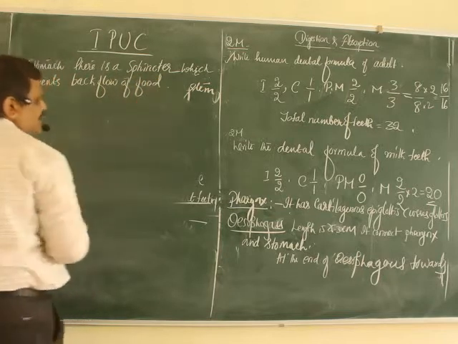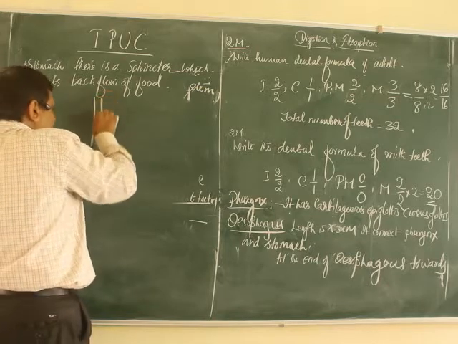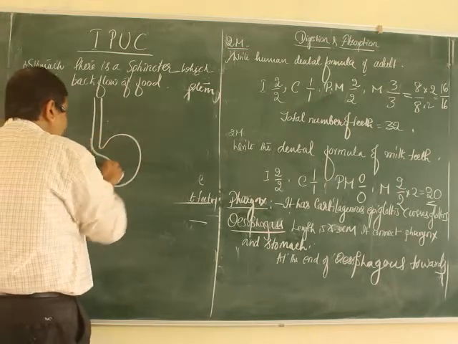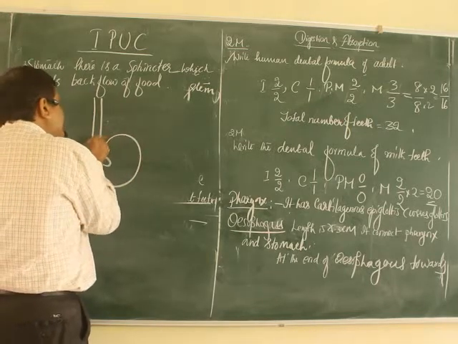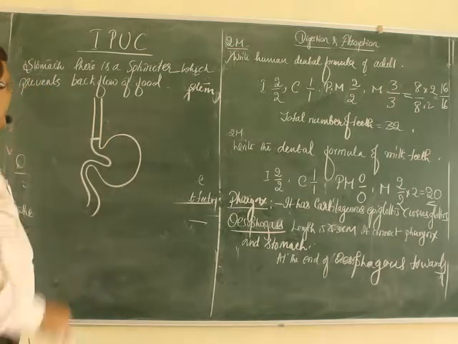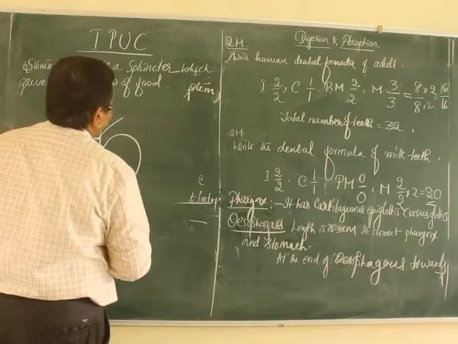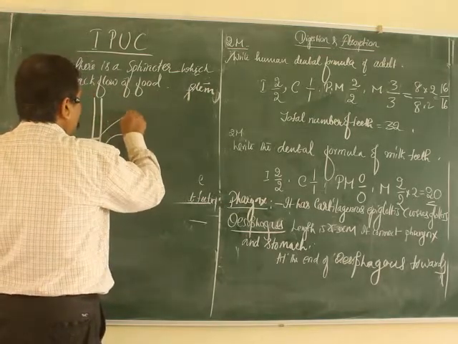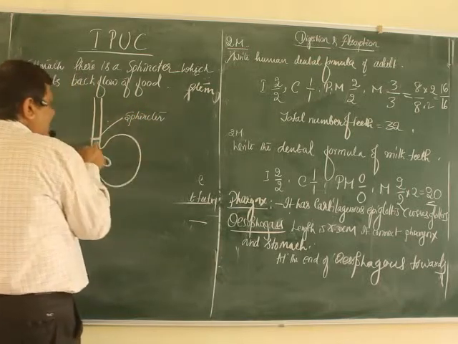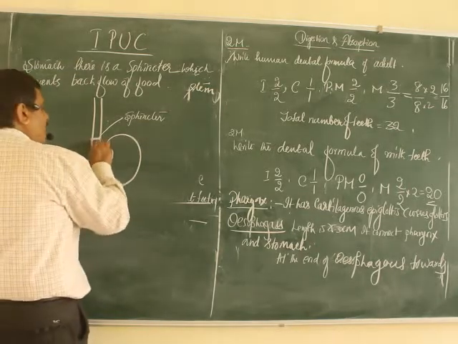I hope most of you are not clear with this. See, this is the esophagus and this is the stomach, and here is a valve, and this is called the sphincter. The esophagus at one end has a sphincter, a valve, to prevent the backflow of food.